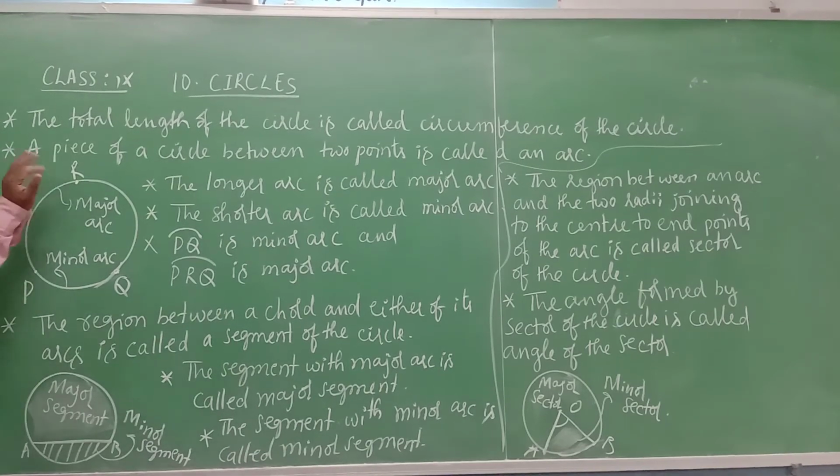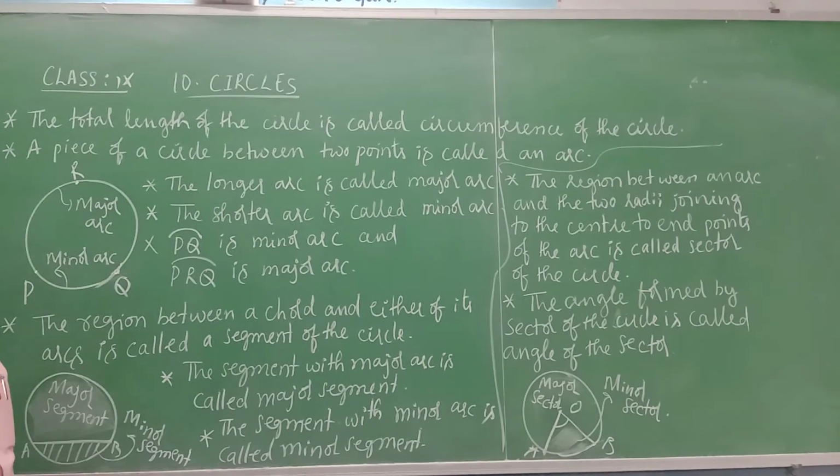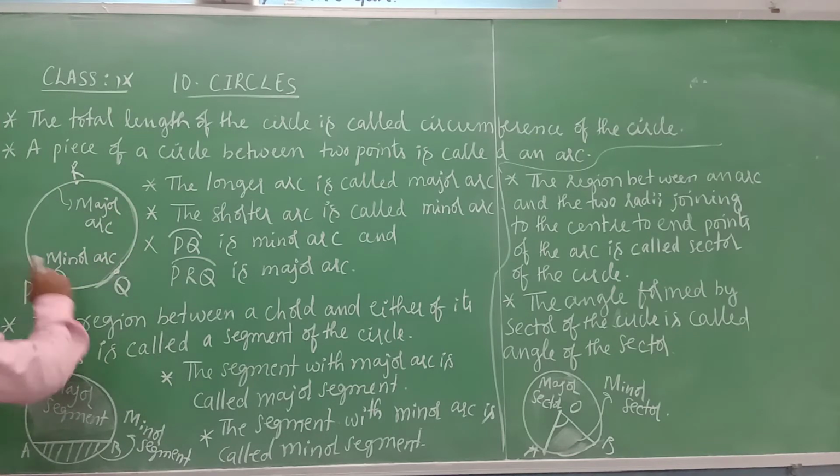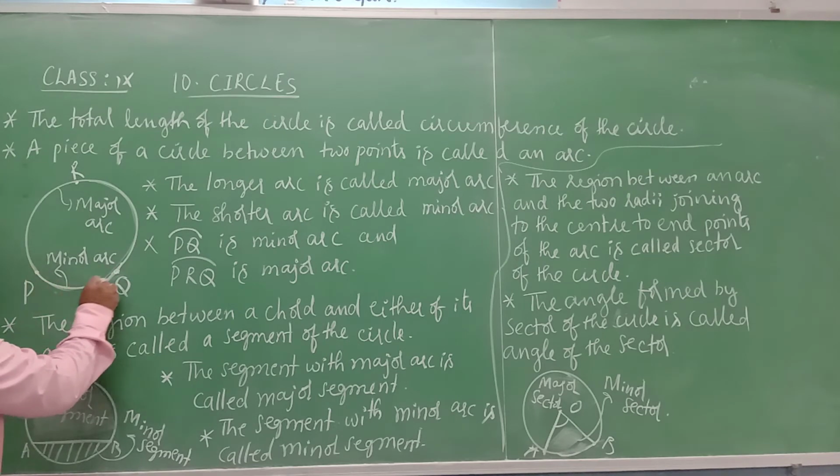Now, see, the total length of the circle is called the circumference of the circle. See, this is the total boundary length, and the length of this is known as the circumference of the circle. Now, a piece of a circle between 2 points is called an arc. See, let there be 2 points P and Q. This piece of the circle is known as an arc.